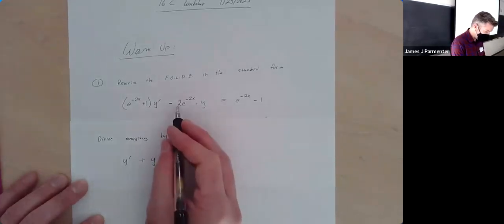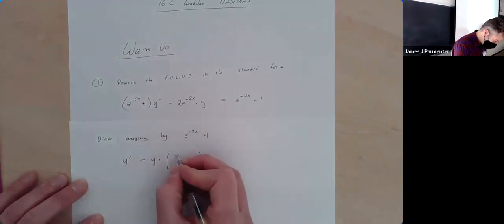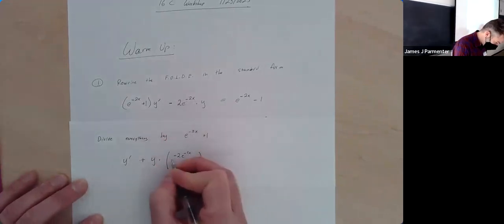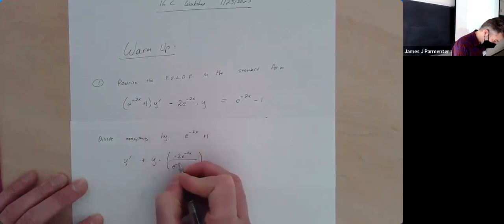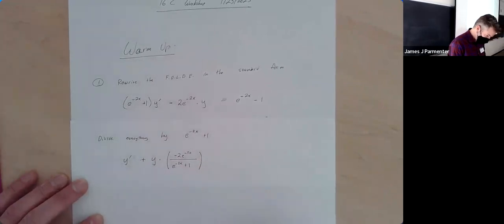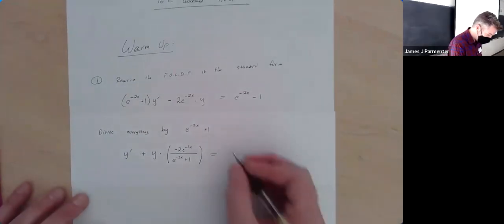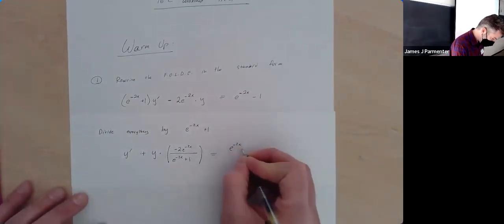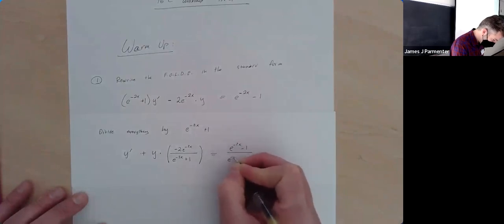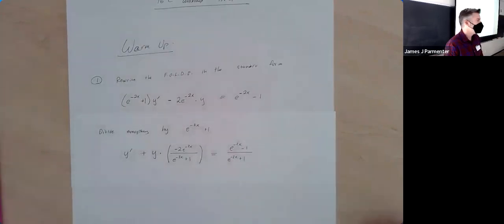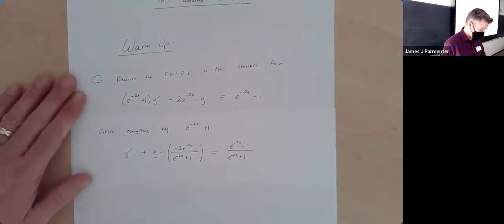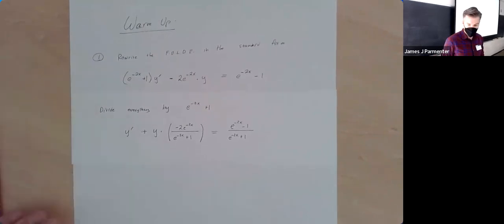So it's going to be negative 2 e to the negative 2x divided by e to the negative 2x plus 1. And sadly, the right-hand side does not simplify in any nice way. It's just e to the negative 2x minus 1 over e to the negative 2x plus 1. It'd be lovely, but it doesn't do anything nice.